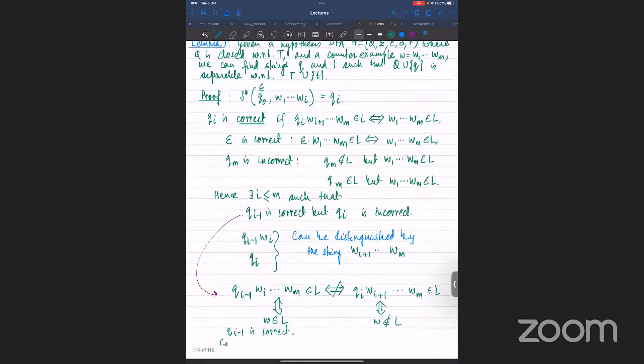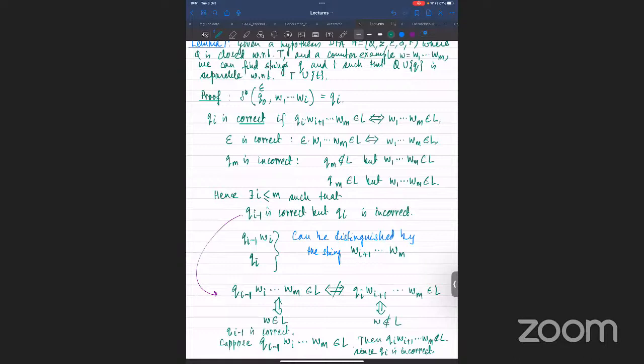Suppose this is the case. Then Qi Wi plus 1 to Wm does not belong to L. Because Qi is incorrect, right?